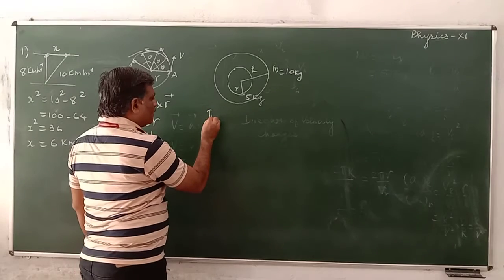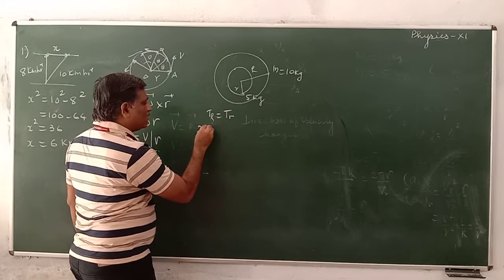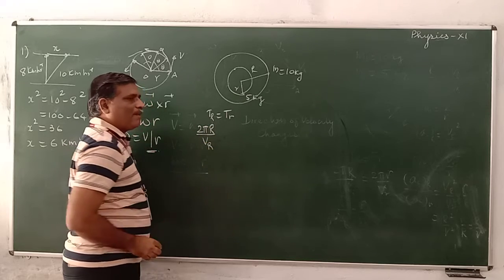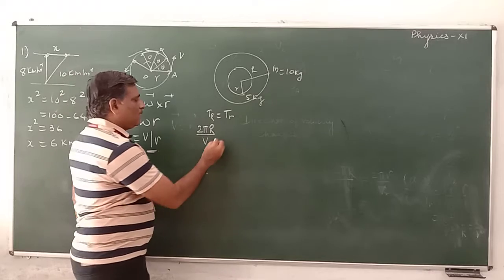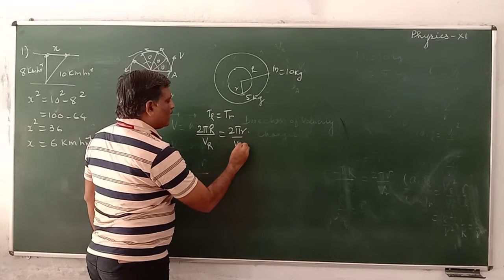So time for R is equal to time for r. Time is always distance by velocity. So for capital R, T is 2 pi R by VR, similarly 2 pi small r by Vr.